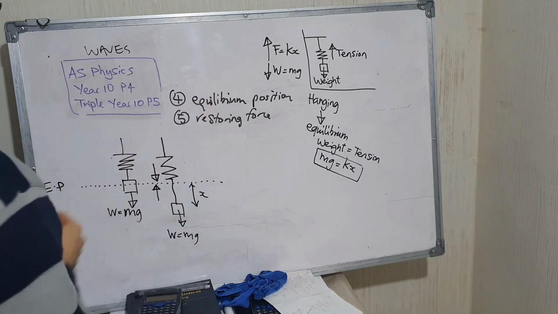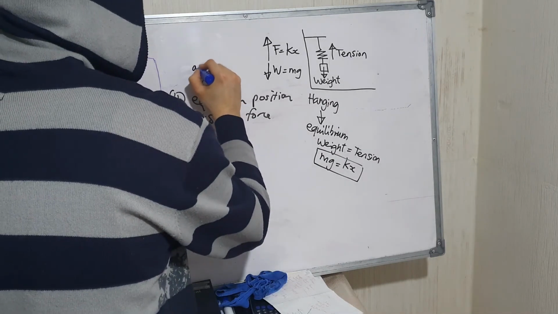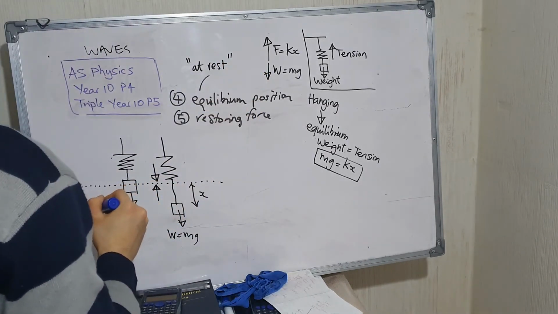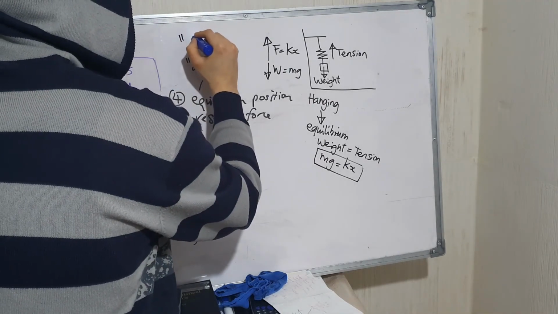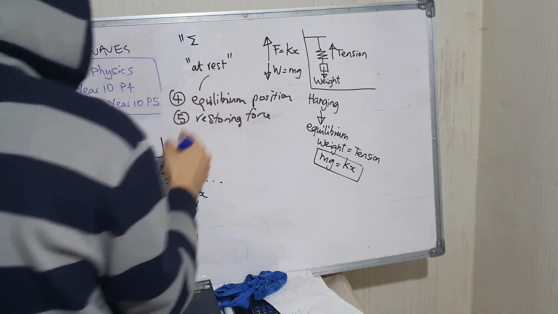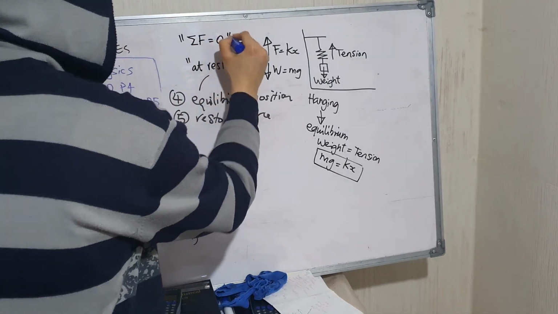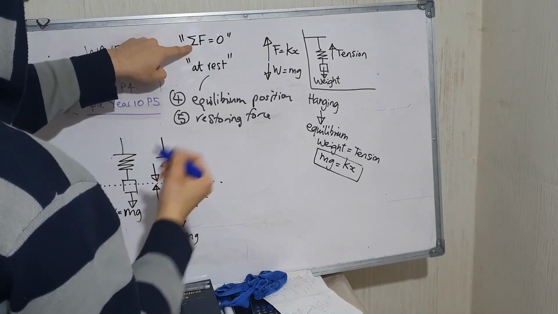Okay, so what is the equilibrium position? You can say when it's at rest, or where all the forces are equal, where the sum of the forces is equal and opposite. So it is at rest because the sum of the forces is equal to 0.